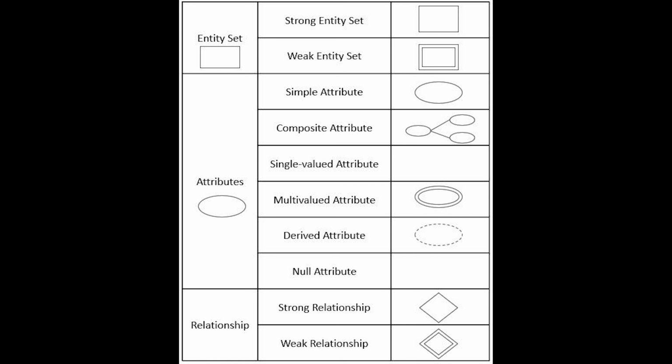In the ER model, multi-valued attribute types are depicted with double ellipses. Then we have derived attribute types, which are basically attribute types that can be derived from another attribute type. For example, age attribute type can be derived from date of birth attribute type. Derived attribute types are depicted using dashed ellipses in the ER model.